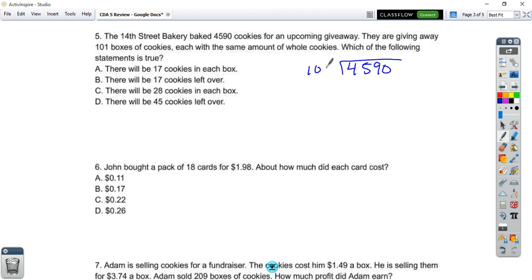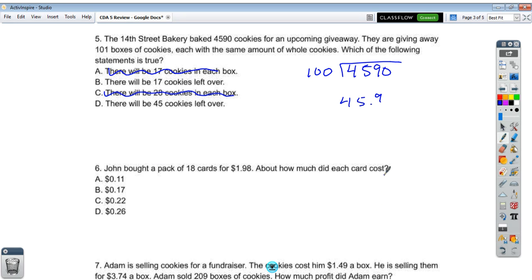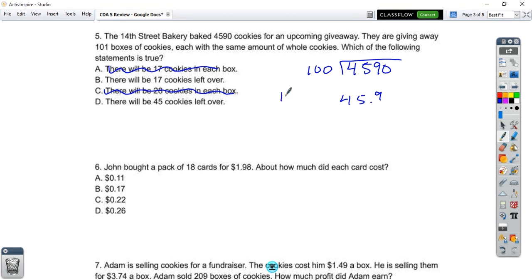I'm going to estimate to get 100, and that would give me 45.9. So I'm going to guess that we're multiplying times 45. So I've got to check and see. None of these says multiply. That's remainder. This one is total, so this is going to be wrong, and this is going to be wrong because there would be 45 cookies in the box. So now I've got to look at the remainders. Let's look at it. If I did 101 times 45, well, 100 times 45 is 450.